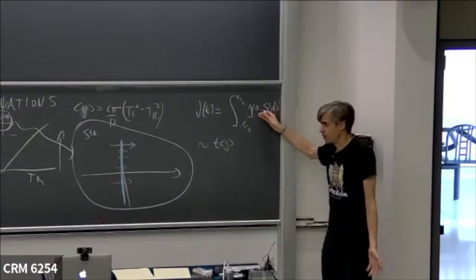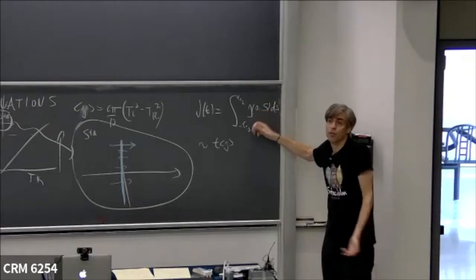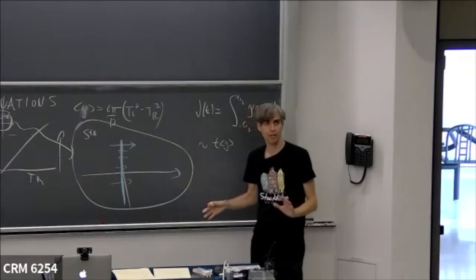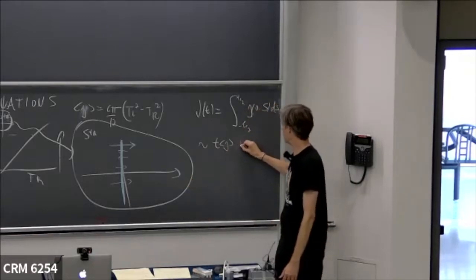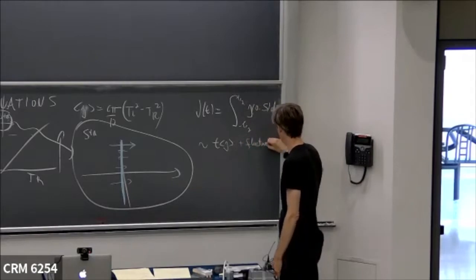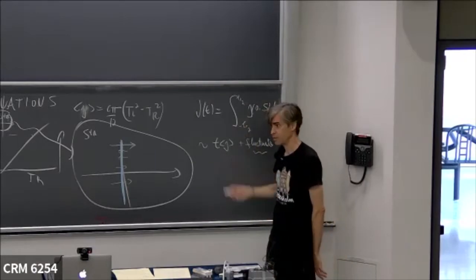But this is not an average. This is an operator, or you can think of it as a fluctuating thing, a random variable. So it's not equal to that; it fluctuates. And how does it fluctuate? What are the fluctuations of this quantity?